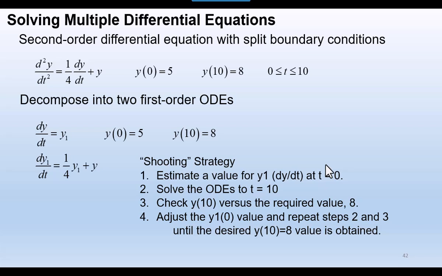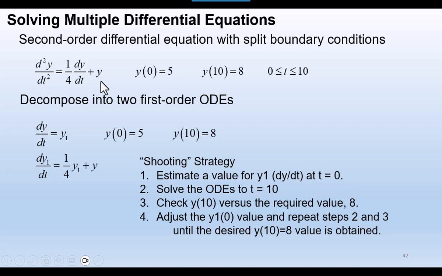That's not the case for civil engineers, which can end up with third or fourth order derivatives in structures models. But here we've got just a generic second order equation in terms of a dependent variable y and an independent variable t again.